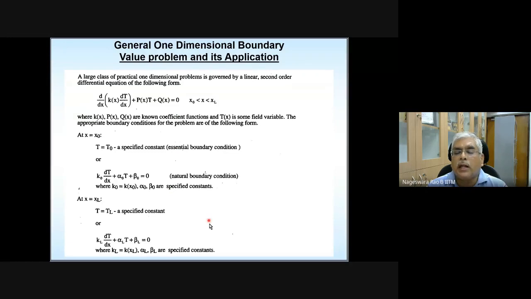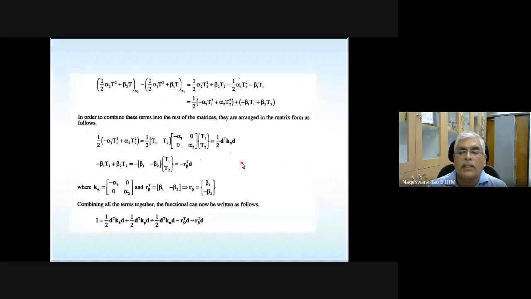So if we have a general boundary value problem like this with these boundary conditions specified, and if you adopt a two node element, please note that whatever we have seen yesterday, those equations are derived based on a two node linear finite element. Okay, a two node one-dimensional finite element, which is a linear finite element. We derived the element equations using that kind of finite element. So I hope you have taken note of this. Let me show you the element equations for this.